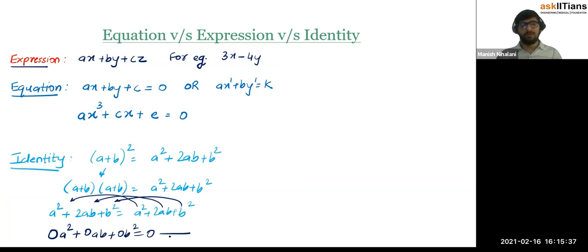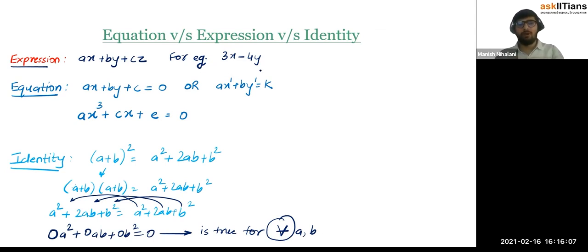Now this equation, if you call it an equation, is true for all values of a and b. For those who don't know what this symbol is, this symbol is called for all. It is a Greek symbol, right? For all a, b. So this equation, which is true for all the variables, is called an identity.